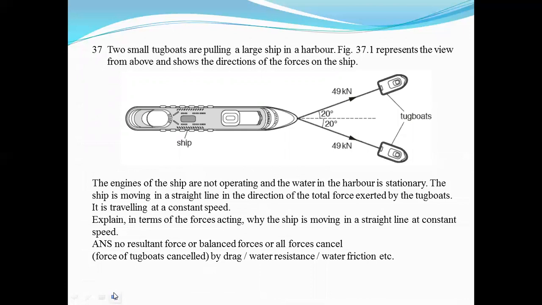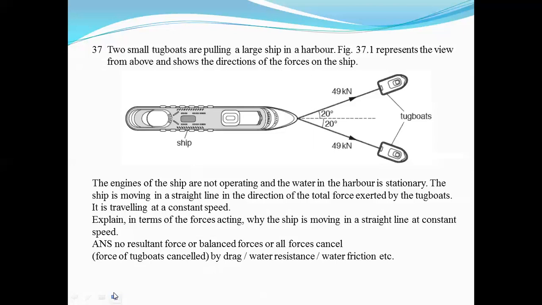Next, two small tugboats are pulling a large ship. The figure represents the view from above and shows the direction of the forces on the ship. The engines of the ship are not operating and the water in the harbor is stationary. The ship is moving in a straight line in the direction of the total force exerted by the tugboats. It is traveling at a constant speed.